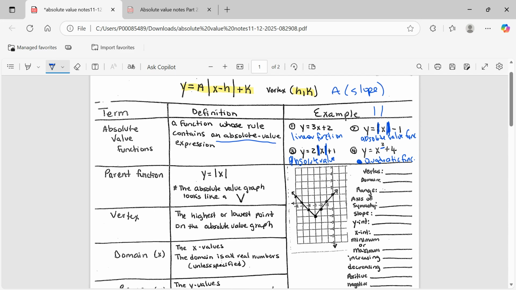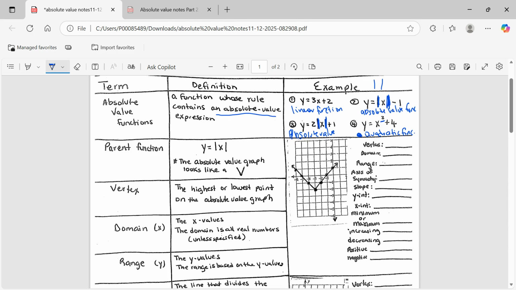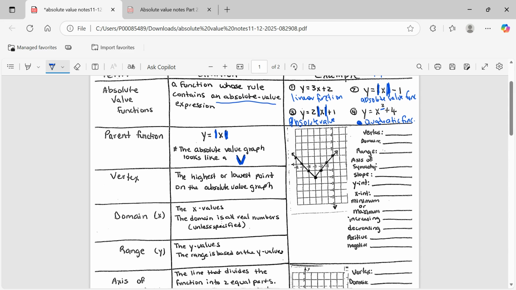All right, so as we said, the absolute value function must have an absolute value sign. The parent function is y equals the absolute value of x. The absolute value graph looks like a V. It has to have that V shape. That's how we can tell visually that it is absolute value.